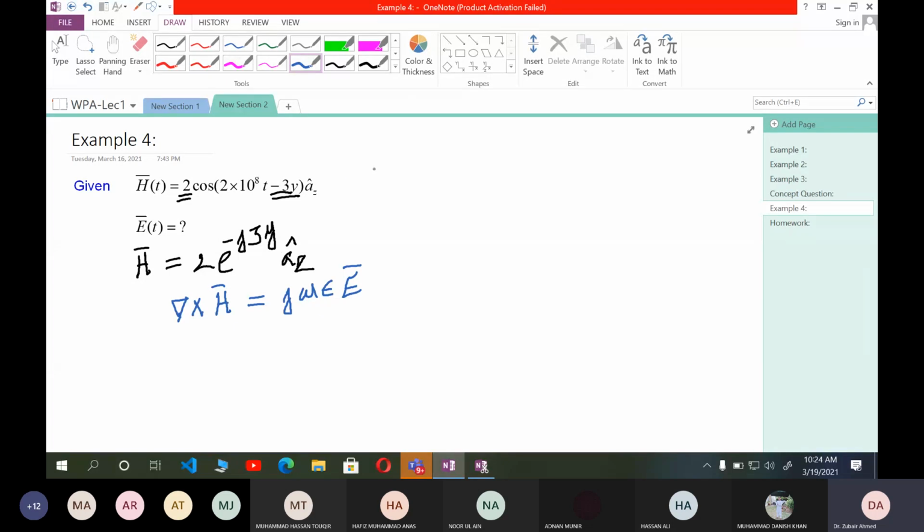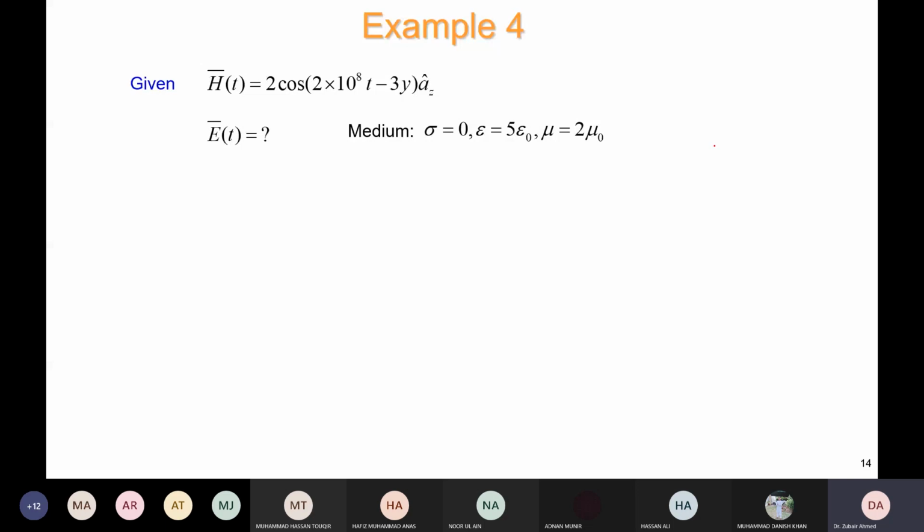There's one thing missing: the medium. Sigma is 0, mu is 2 mu naught, and epsilon is 5 epsilon naught. This is given in the problem. So this medium is given.